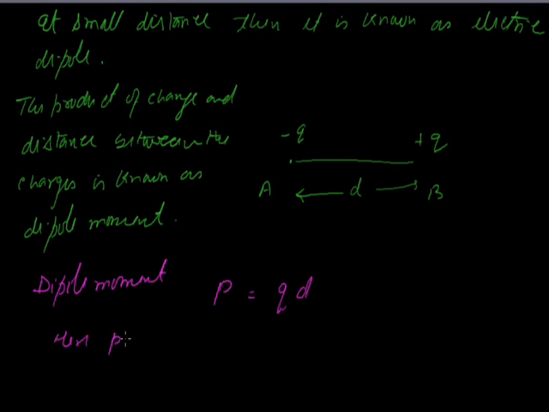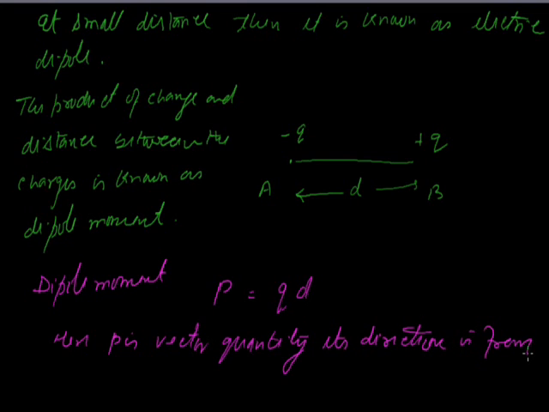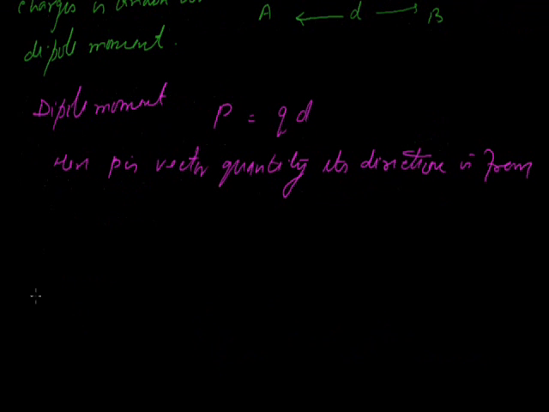Here P is a vector quantity. Its direction is always from negative charge to positive charge.